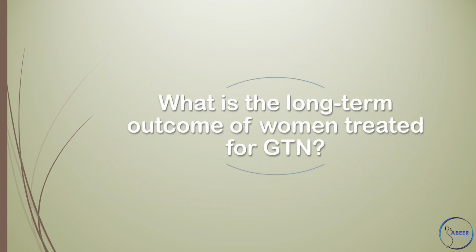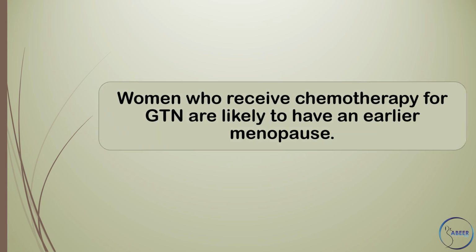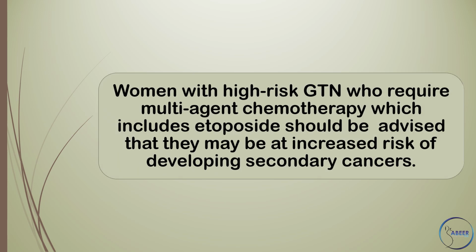What is the long-term outcome of women treated with gestational trophoblastic neoplasia? Women who receive chemotherapy for gestational trophoblastic neoplasia are likely to have an earlier menopause. Women with high-risk gestational trophoblastic neoplasia who require multi-agent chemotherapy, which includes etoposide, should be advised that they may be at increased risk of developing secondary cancers.